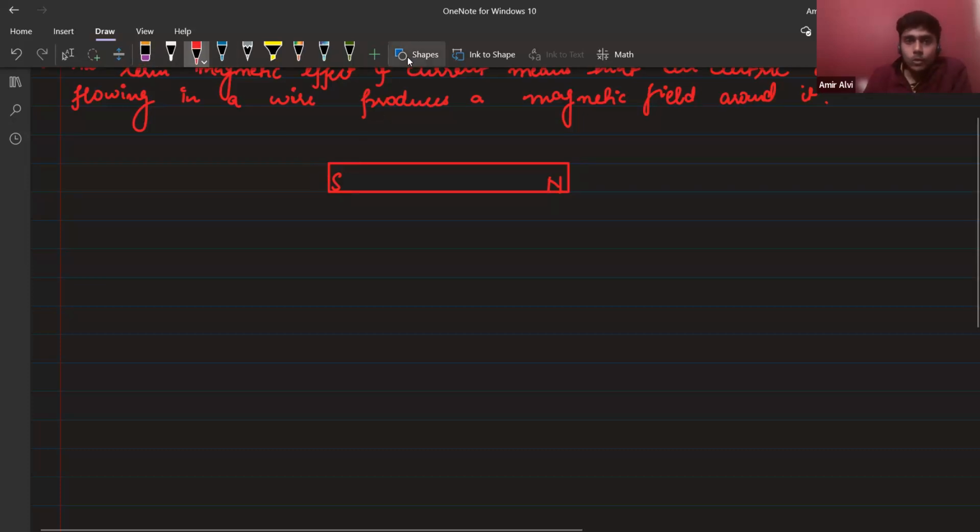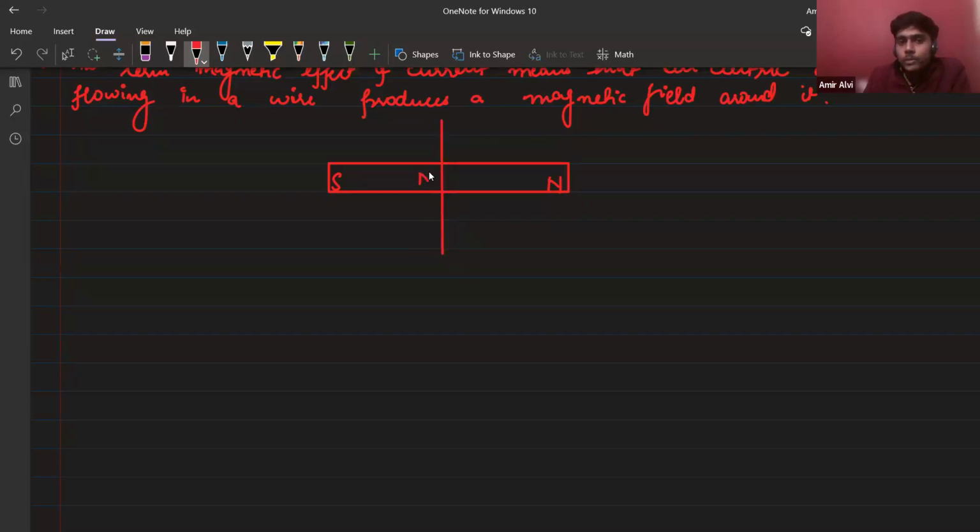So if I divide this bar magnet into two equal parts, will there be only a south pole in that part of the magnet? Suppose this complete magnet is divided into two equal parts. What will happen when you break this into two parts?